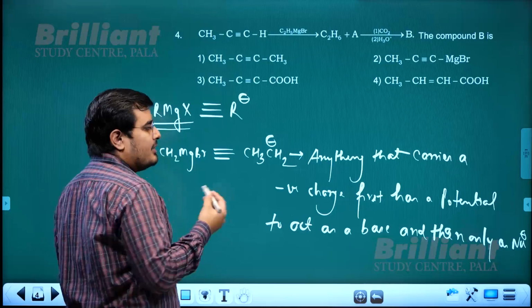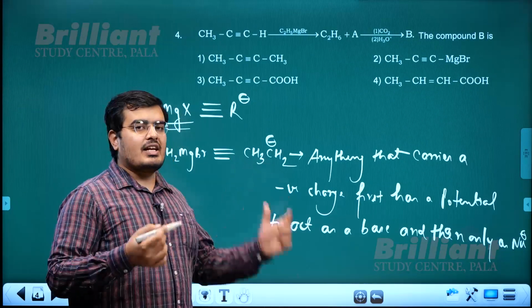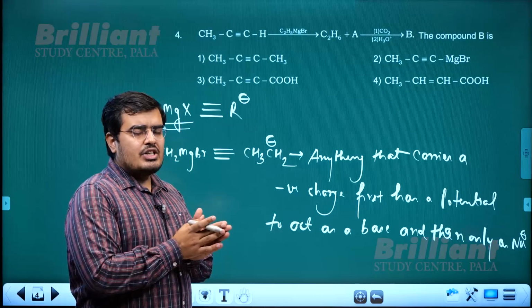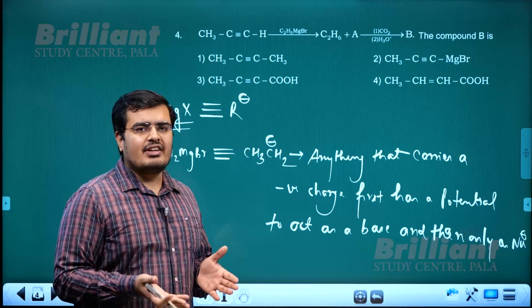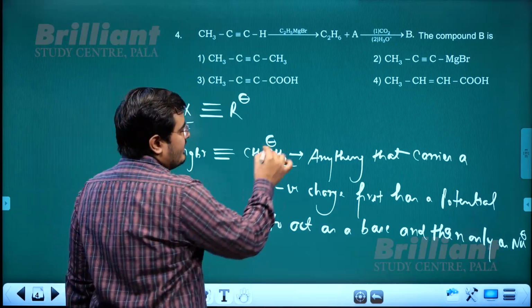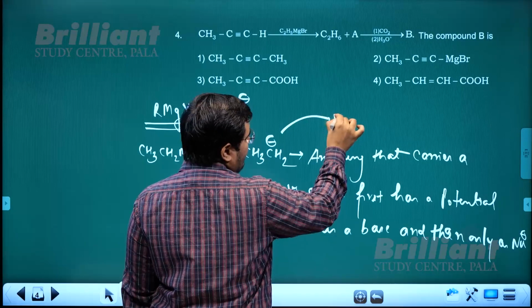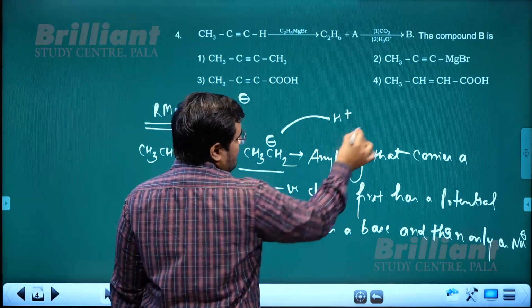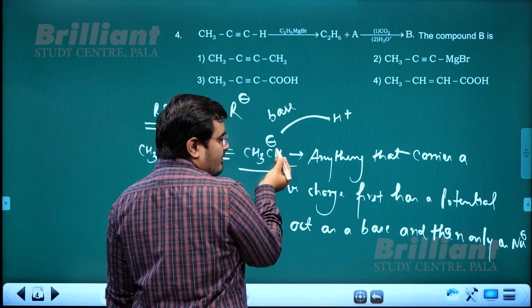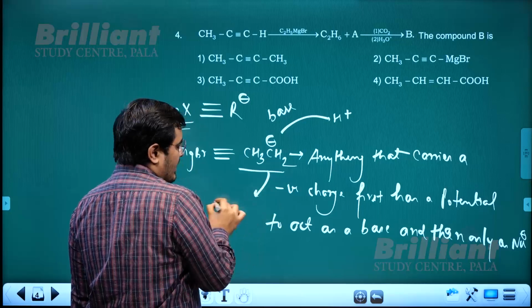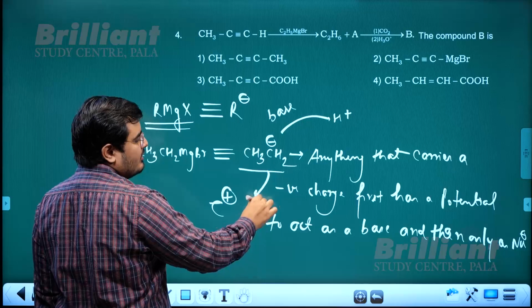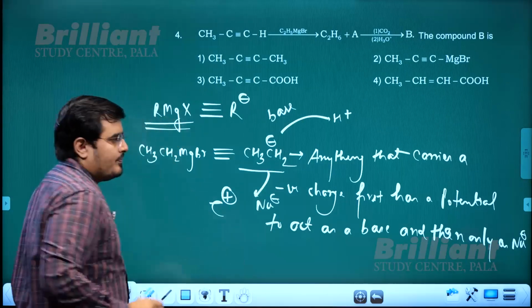So the basic difference between this species acting as a base or as a nucleophile is this: the fundamental condition for anything to act as a base or nucleophile is the same, that it should have at least one unshared pair of electrons. If this electron pair is donated to an H positive, then this species will be called a base. Whereas if the donation of the electron pair happens to anything other than a proton, let's say a carbon center, then this species will be said to act as a nucleophile.